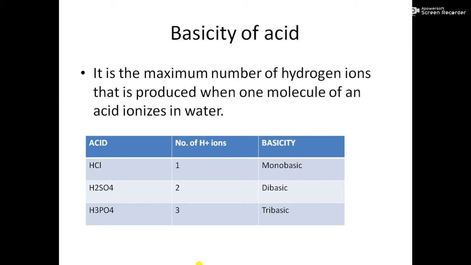What is the number of hydrogen atoms here? It is 3, so the basicity is tribasic. I hope you know what basicity is now. Basicity is the maximum number of hydrogen ions present in one molecule of an acid.